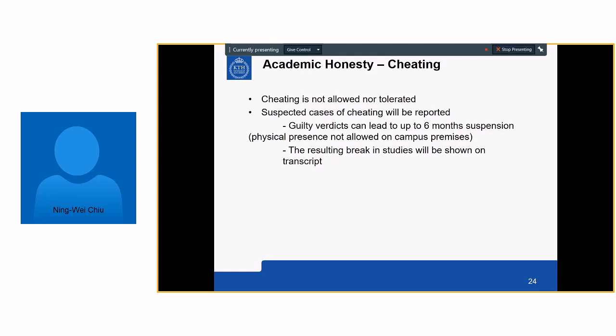Plagiarism as well. It's not tolerated at all at KTH. You can get a fail if you're caught plagiarizing. That means everything you submit to Canvas will go through the Turnitin plagiarism check program, and the percentage of similarities will be shown to the person who's correcting or reading through your reports.